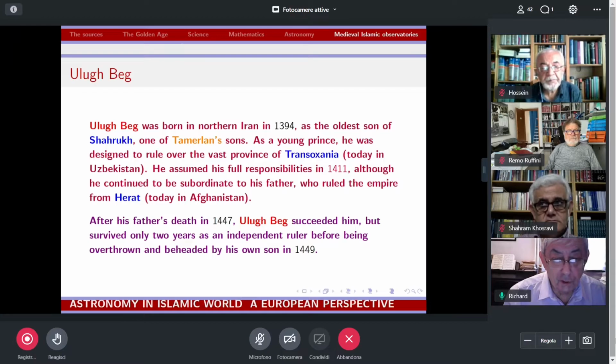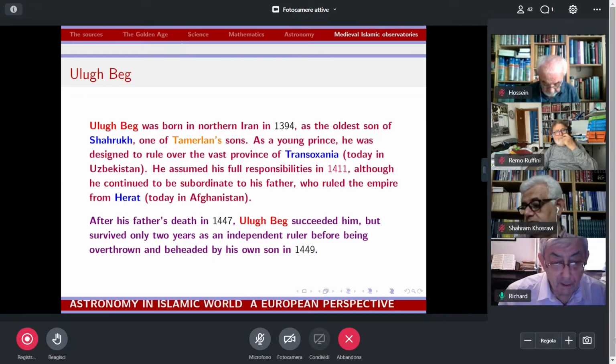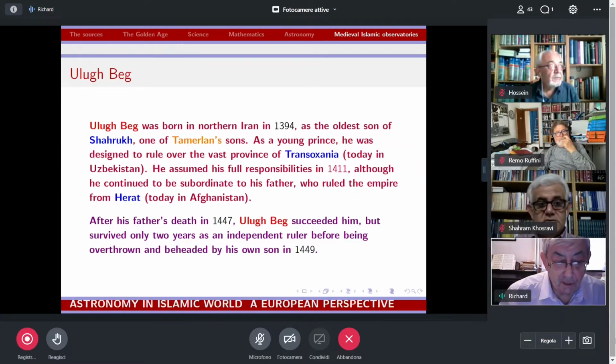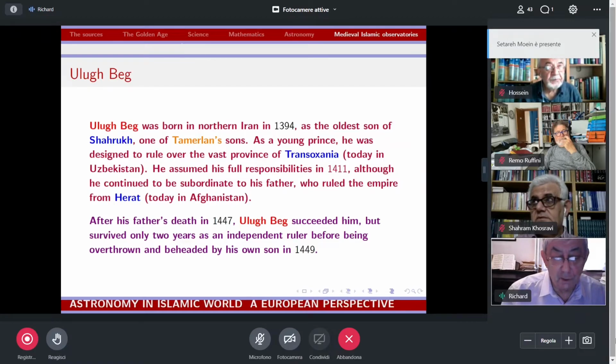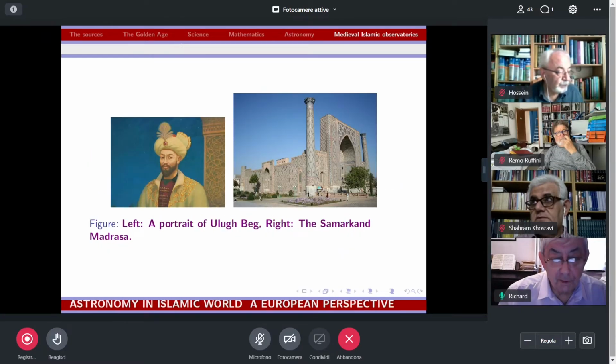He was the oldest son of Shahrukh, one of Tamerlane's sons, and he was given Transoxania, which is now Uzbekistan, Central Asia, to rule. Ulugh Beg succeeded Shahrukh, but survived only 2 years as independent ruler before being overthrown and beheaded by his own son in 1449. It's tragic. Here's Ulugh Beg and the Samarkand Madrasa, which is extremely rich and can be visited even today.